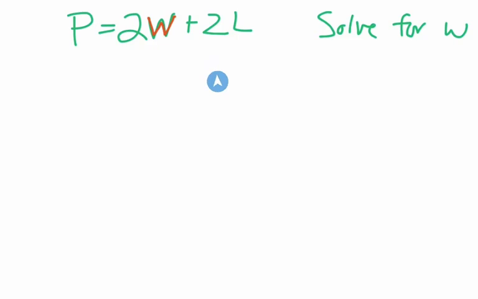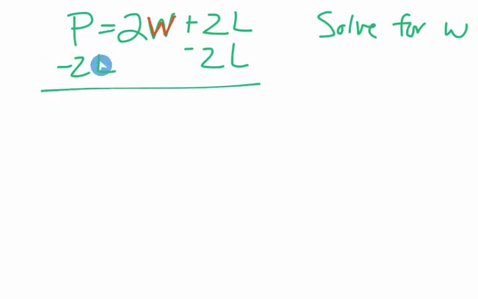We're going to reverse that order of operations, so we're going to deal with the adding first by subtracting 2L from both sides. We have all kinds of unknowns. I don't know P, I don't know L, so there's nothing I can do with that other than to simply write P minus 2L. That's all we can do, because we don't know the value of P or the value of L. On the right, 2L minus 2L is 0. Now I have 2 times W.